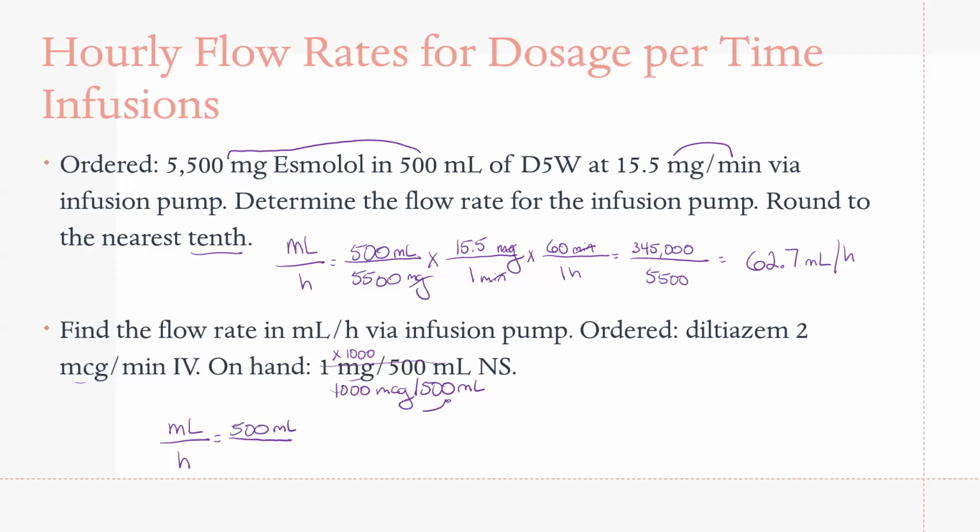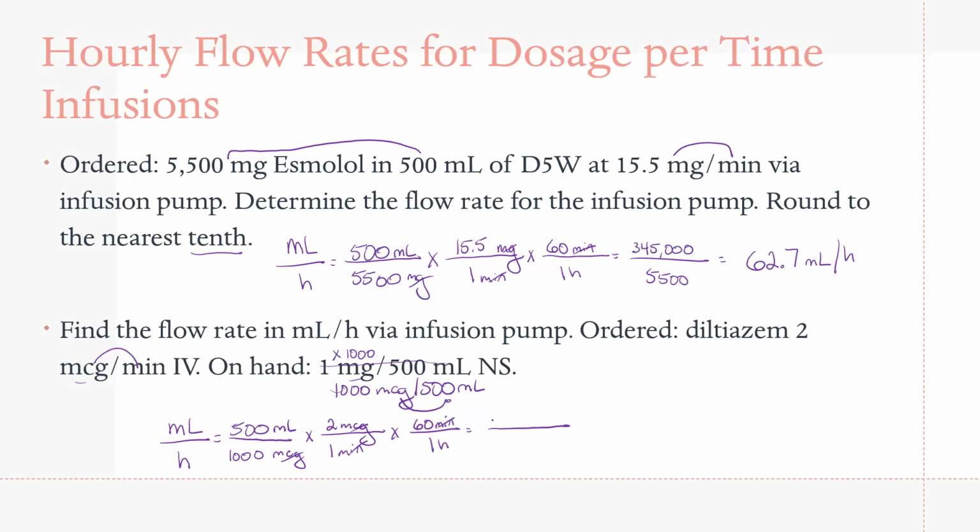And its best friend is that 1,000 micrograms because we converted it. And I have to get rid of the micrograms, which is the 2 micrograms, and that is per 1 minute. But again, I don't want minutes because it's for the pump, so I'm going to multiply by 60 minutes over 1 hour.